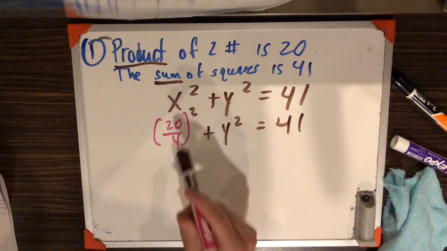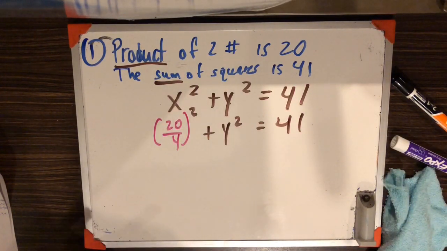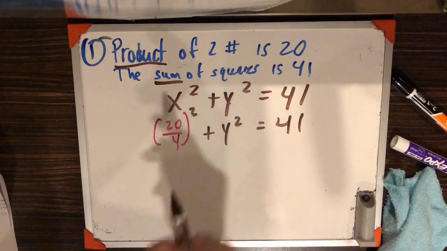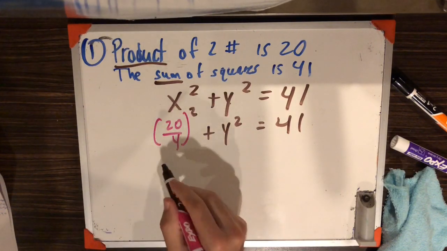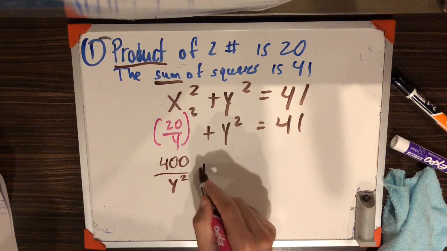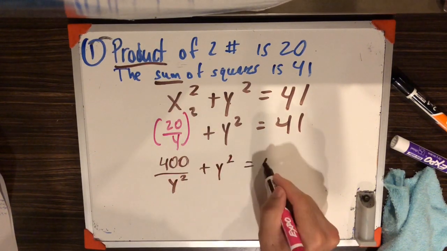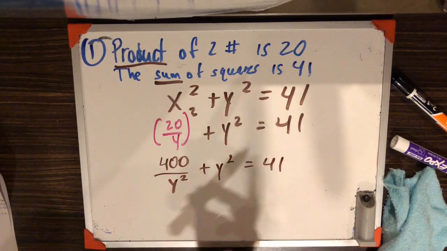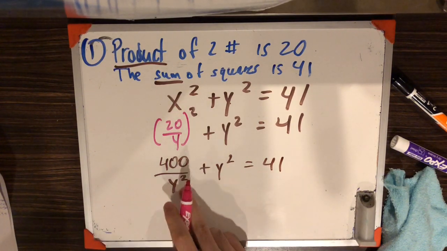So I substituted back in x, which was equal to 20 over y, which I explained earlier. I just have to simplify this a bit now. 20 over y, squared, is 400 over y squared, plus y squared is equal to 41. Now, look, I have a fraction here. Let's get rid of fractions whenever we can.